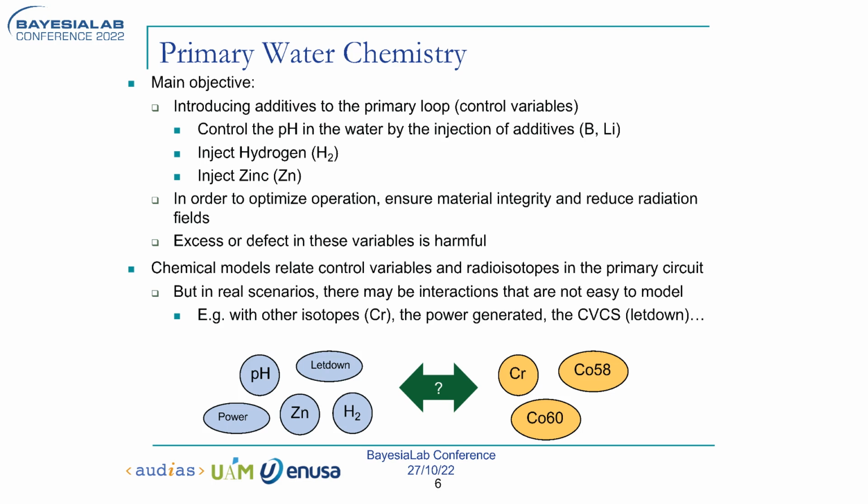Okay, so we can do it in two ways. We can fix the control variables and see what happens with the radioisotopes, or we can fix a desired value of the radioisotopes and have an estimate of what the value of the control variables would be that we have to set. So we can do both things.